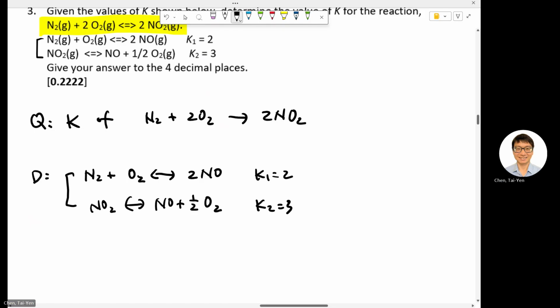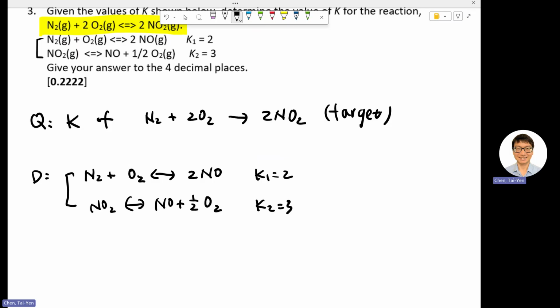Okay, so the logic to solve this is actually you want to use the ones there with known equilibrium constants. You do some multiplication of each equation, then you add up so that you get back to the target equation. Okay, so let's call this our target.